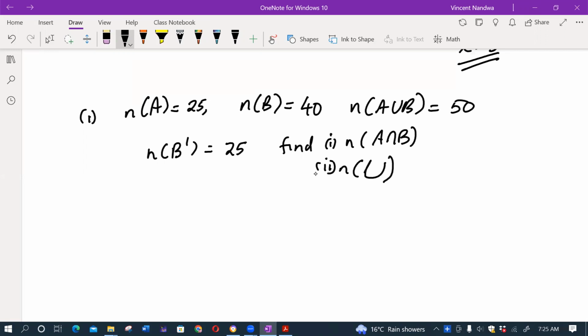It is always good to understand these things on a diagram, the so-called Venn diagram. So this is the universal set.